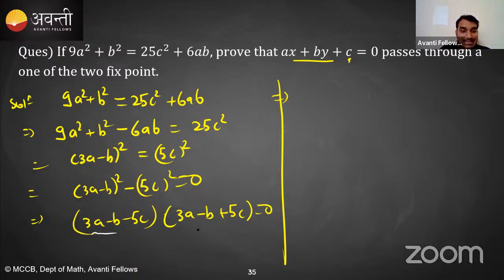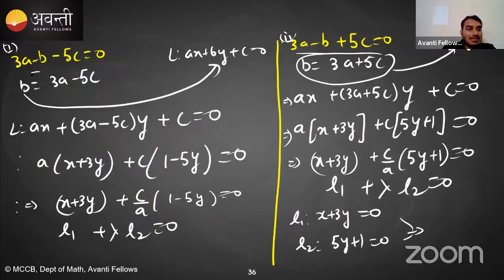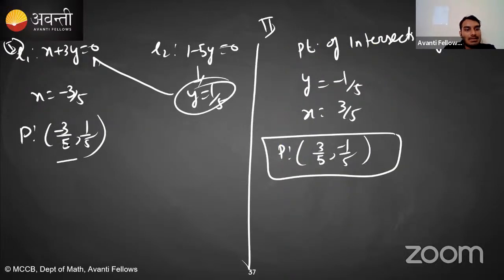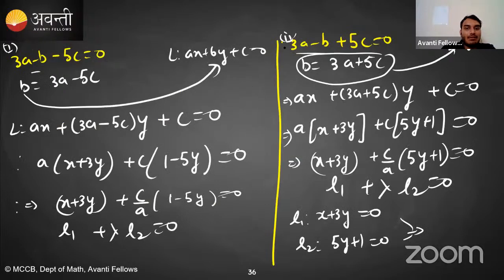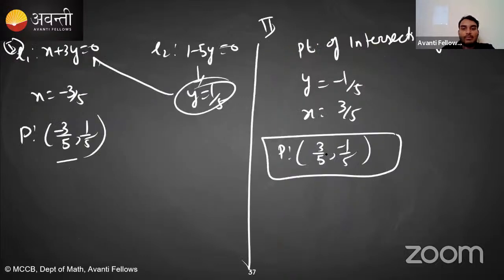Either the first bracket is 0 or the second bracket is 0, right? So when 3a minus b minus 5c is 0, then the line is passing through minus 3 by 5 comma 1 by 5. And if 3a minus b plus 5c is 0, then the line will pass through the point 3 by 5 comma minus 1 by 5.